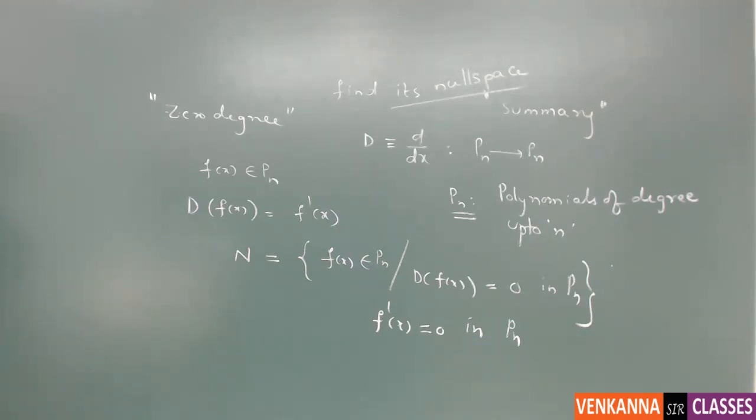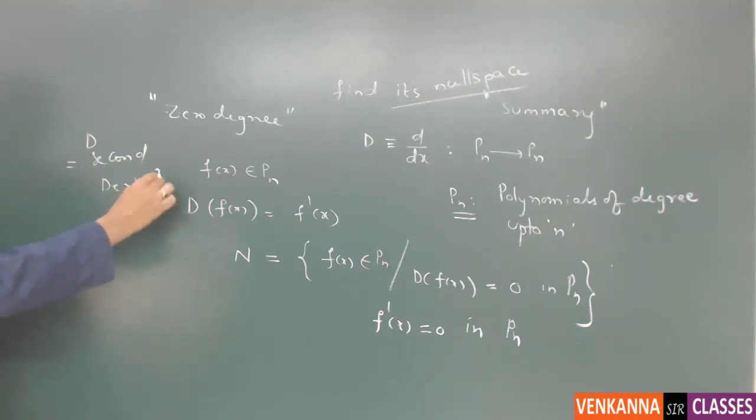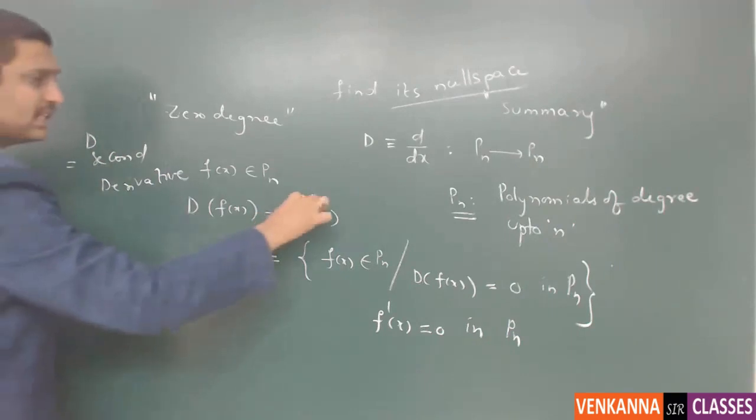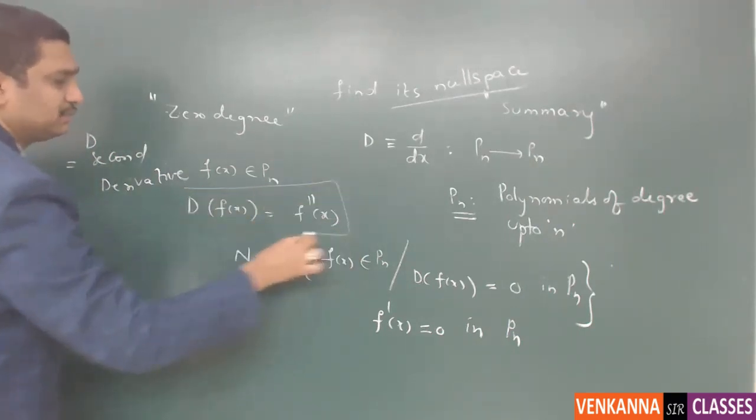Fine. Then we can extend this concept to the operator D as if D is nothing but the second derivative. So D of f of x is defined as f double dash of x.